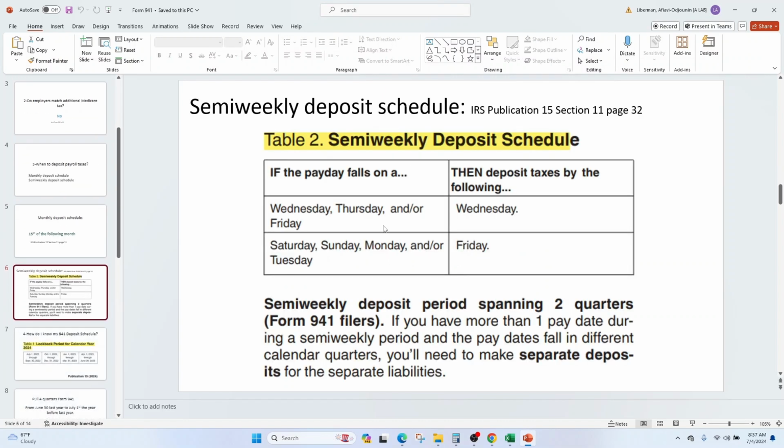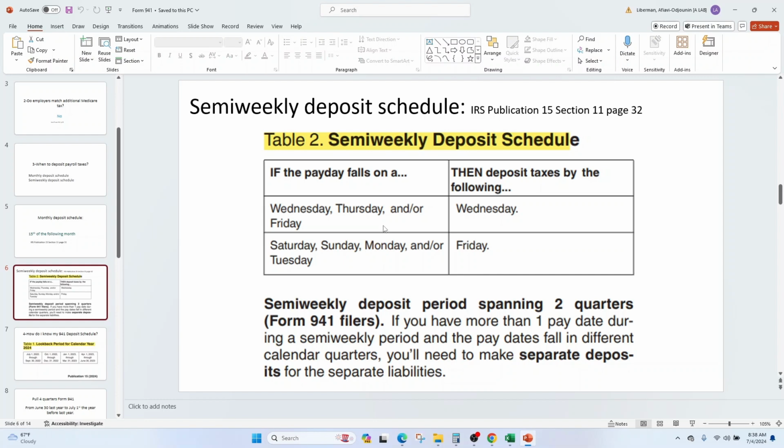And for the semi-weekly deposit schedule, if your payday falls on Wednesday, Thursday, or Friday, then the following Wednesday you make a deposit. If you pay people on Saturday, Sunday, Monday, or Tuesday, then Friday of that week you make a deposit.